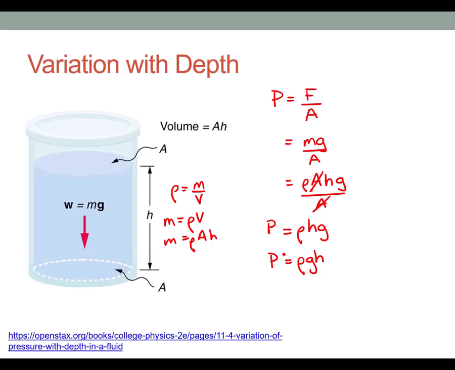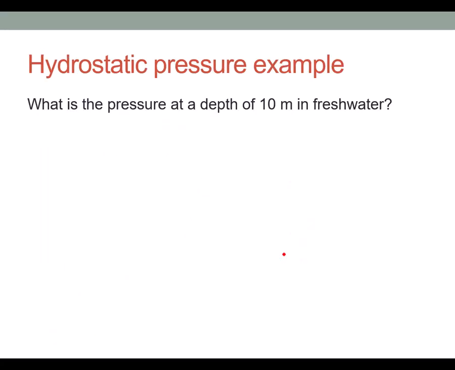Okay, so let's do an example. What is the pressure if you go down 10 meters in fresh water? So pressure is going to be rho g h. The density of water, remember from our last unit, is 1,000 kilograms per meter cubed.